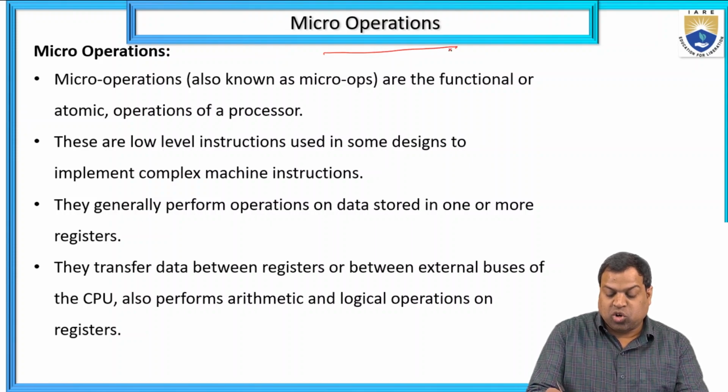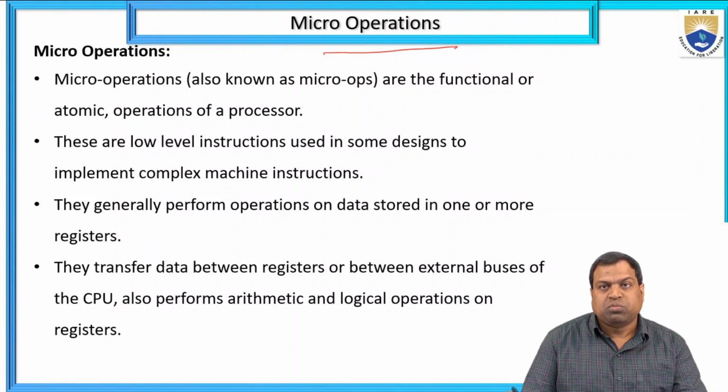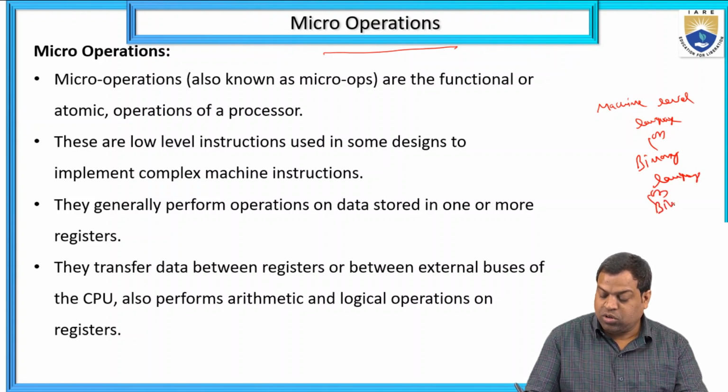So what is a micro operation? There are many types of micro operations. Before going to the types, we have to discuss what a micro operation is. It is a functional operation performed in the processor, and these are low-level instructions, that means machine-level language, or binary language, or binary code.